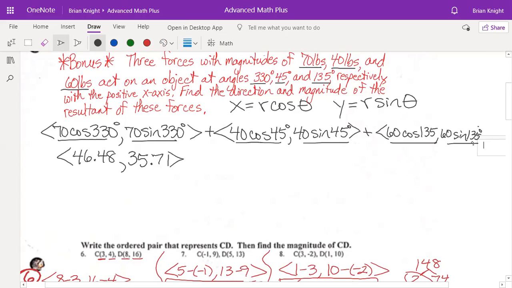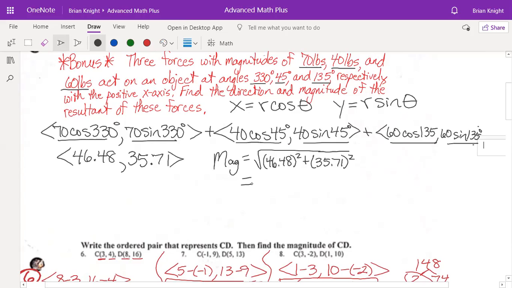They didn't ask for this. It says find the direction and magnitude. So to find the magnitude, we do like we have been doing the whole time. Magnitude is going to be the square root of 46.48 squared plus 35.71 squared. 58.61.